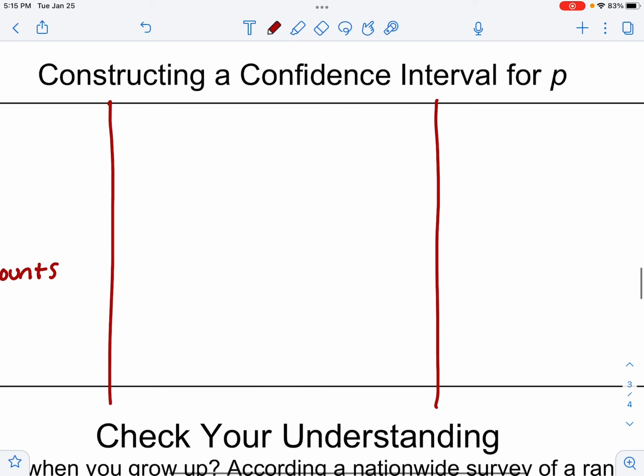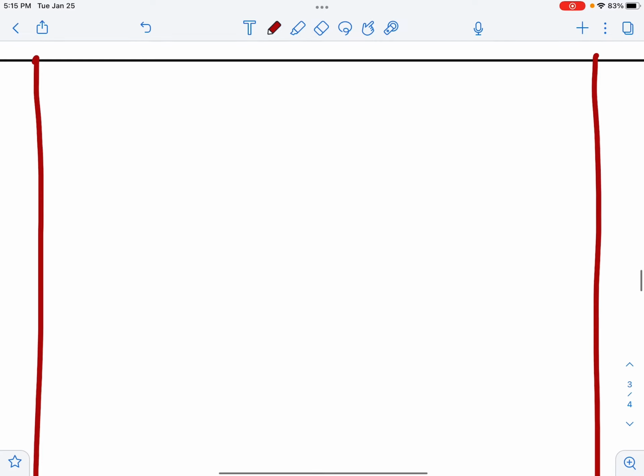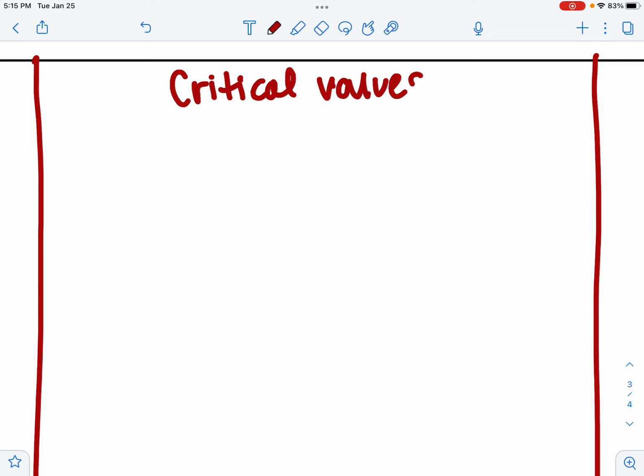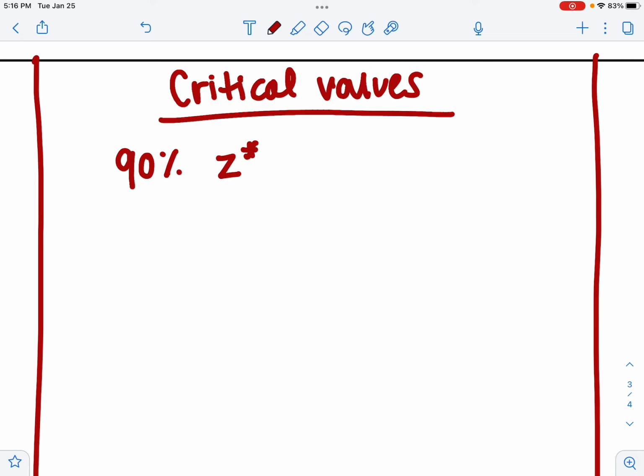All right, my second learning target is all about those critical values. There are some common ones that we use very often. For 90%, the critical value is 1.645.